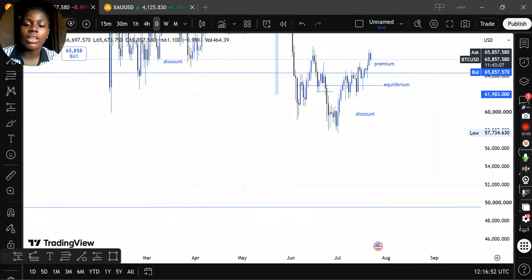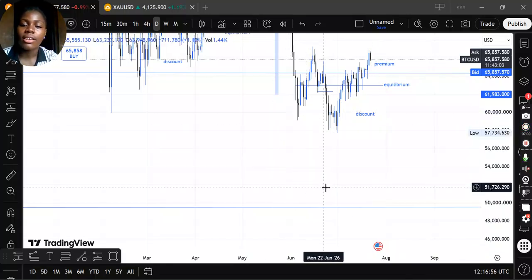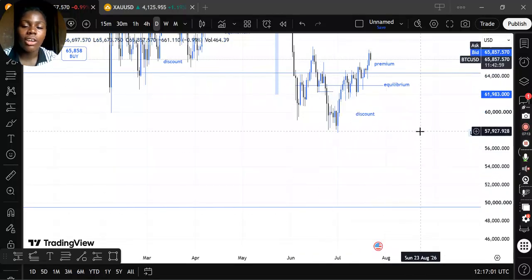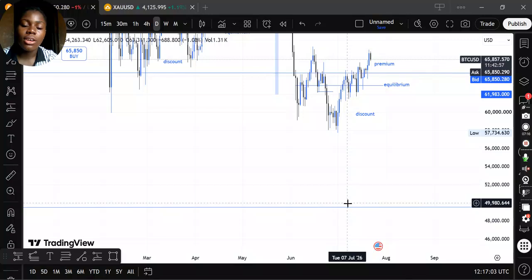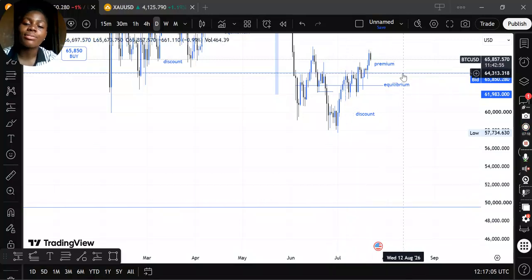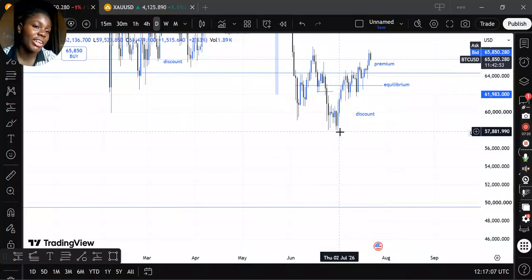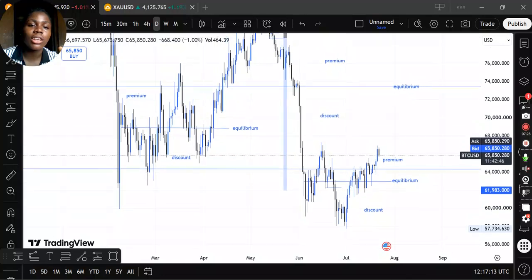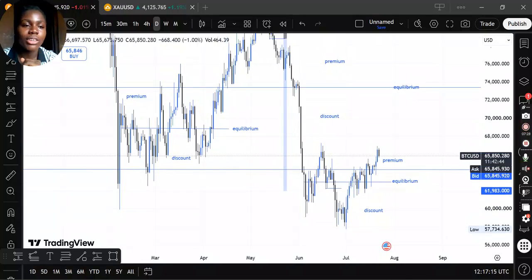When price goes beneath that, we'll probably have a half around here, which will be the equilibrium, which means when price comes around here, we'll be looking for buys, probably back to wherever level it broke out of. It's just a mental thing. You don't need to stress or start putting equilibrium, premium, discount on the charts to do that. That's how simple it is, and that's how simple I like to keep it.